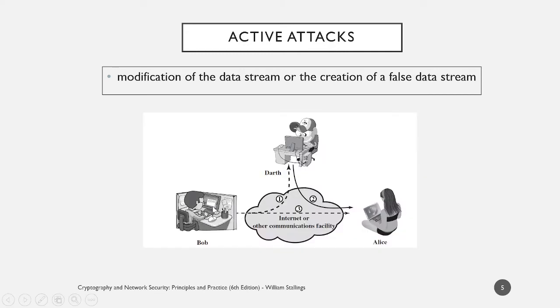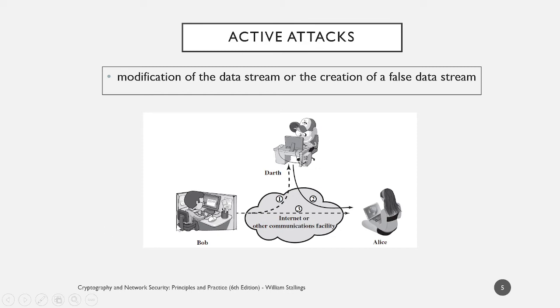Say, for example, in this picture, we have the users Bob and Alice, who are legitimate users. While Bob is trying to send a message to Alice through the internet or other communication facility, Dart is an attacker who is trying to modify the messages by capturing the messages that were sent by Bob to Alice, or he is trying to create his own messages and send them to Alice as if Bob had sent the message to her.